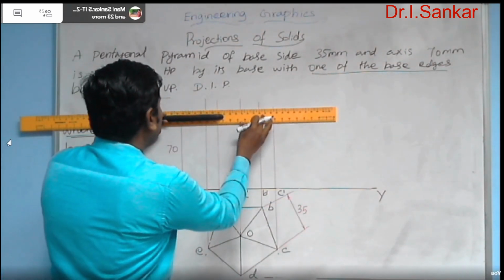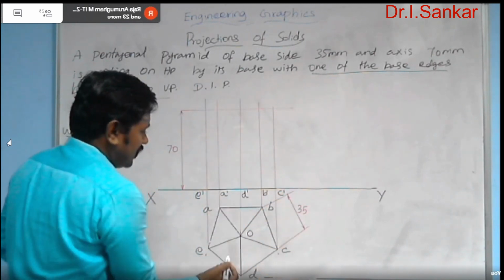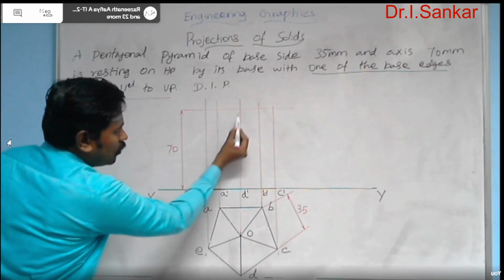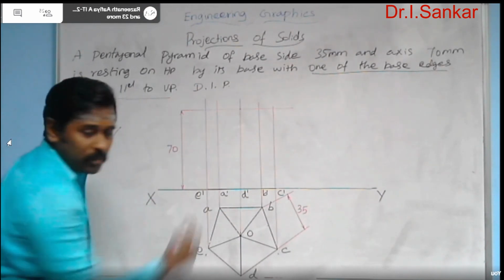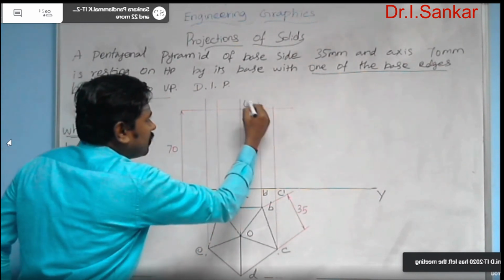With the help of the leader line, in the projector of O at the height of 70 mm, there you can mark the point O dash.